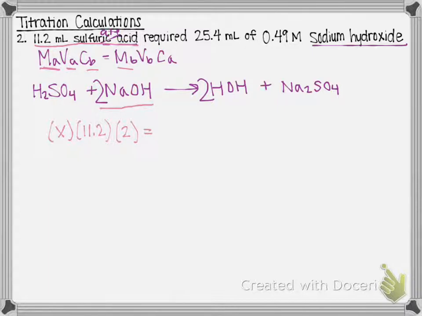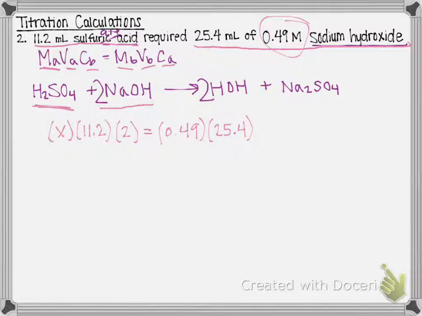Molarity of the base. So it required 25.4 milliliters of 0.49 molar sodium hydroxide. So those are all the numbers to go with your base. The molarity is 0.49 and the volume is 25.4. Last part of your equation is coefficient of the acid.